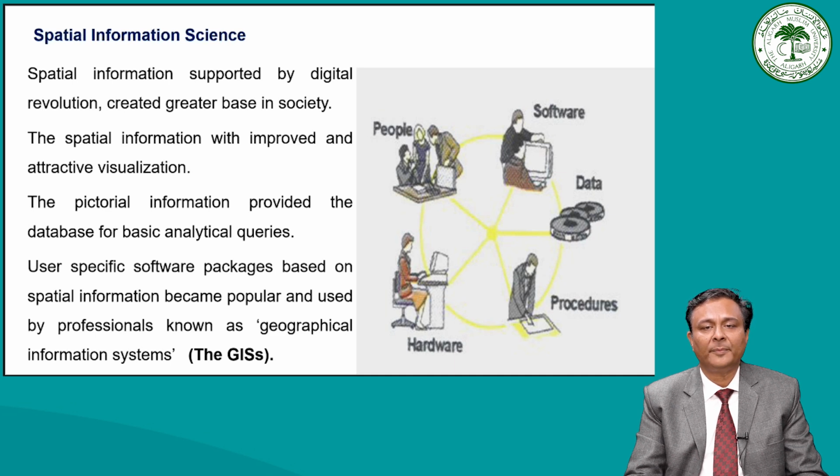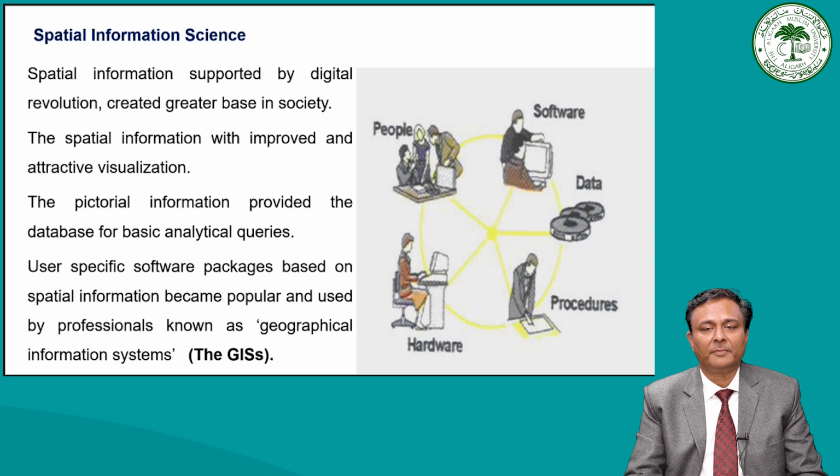Consequently, the environment in which spatial information was used has also changed considerably, especially for the general masses. The spatial information can be visualized on screen, and this pictorial information provided the database from where basic analytical queries could be made through menus or legends that we see in any map.